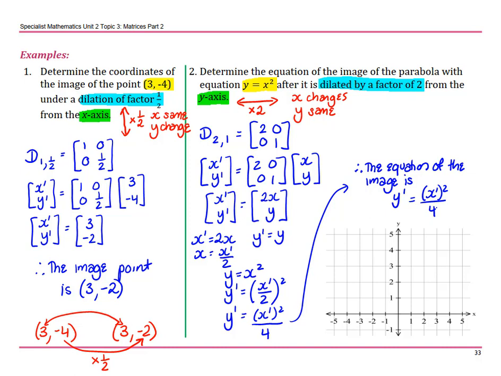So if we verify it, we started with y equals x squared. Let's sketch that. And we ended up with y is x squared over 4. So before when 1 squared was 1, it's now going to be a quarter. When it was 4, it's now going to be 1.